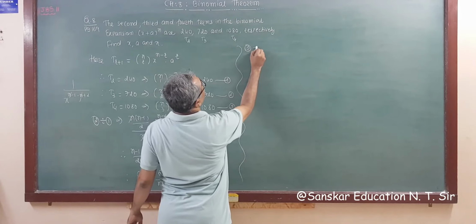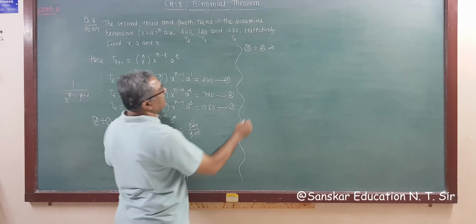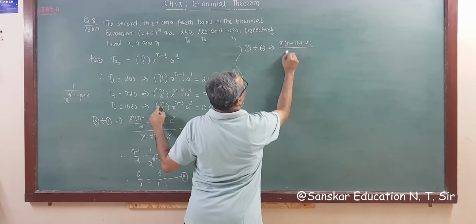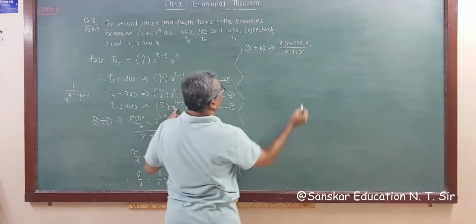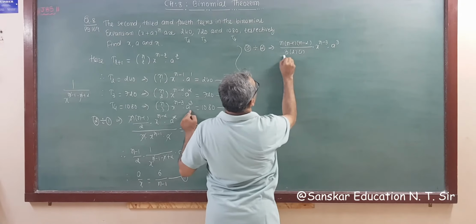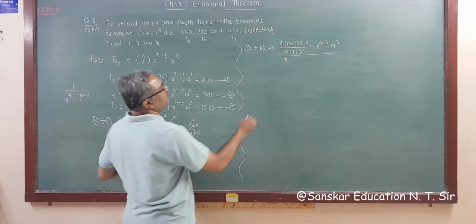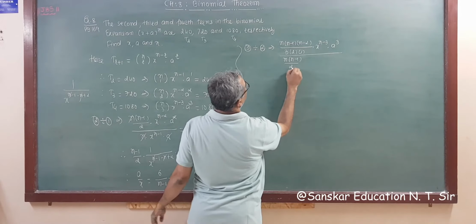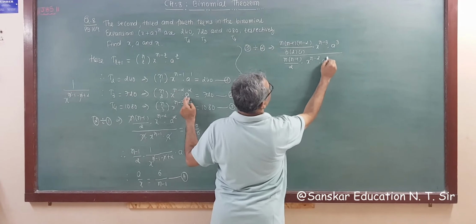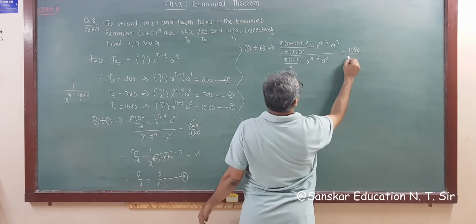Similarly, 3 divided by 2 gives: this is nC3, and nC3 means n into n minus 1 into n minus 2 upon 3 into 2 into 1, x raised to n minus 3, this is a cube, whole upon nC2, which is n into n minus 1 by 2, x raised to n minus 2 into a square, is equal to 1080 upon 720.